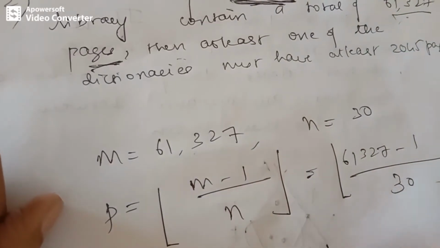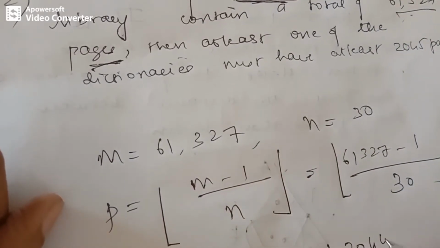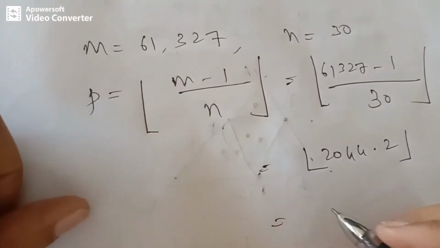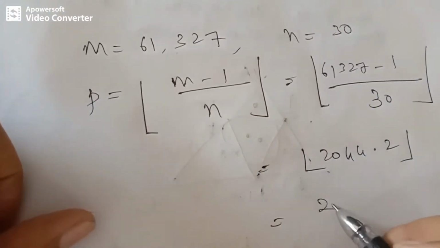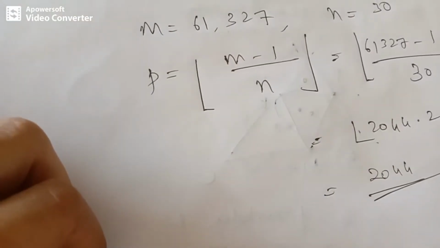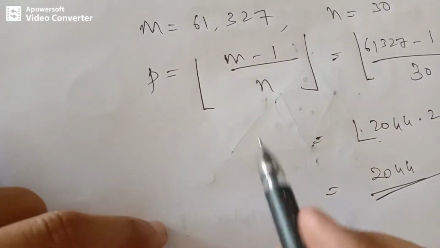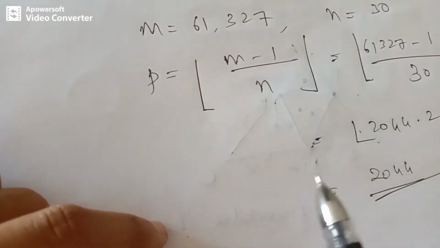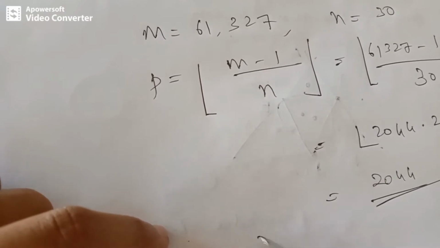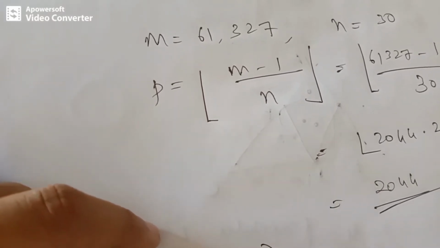So we get around 2044.2, and taking the floor value, we conclude 2044. According to the pigeonhole principle, if there are m pigeons and n pigeonholes, at least one pigeonhole will contain p plus 1 or more pigeons.